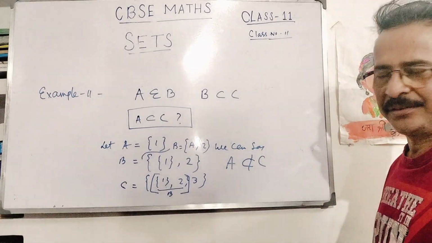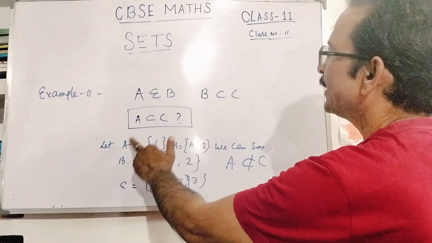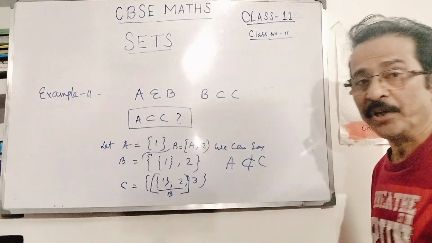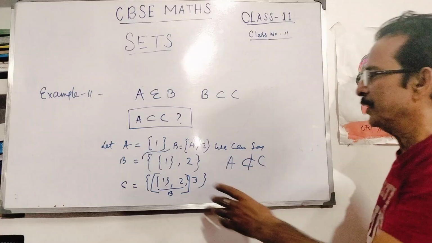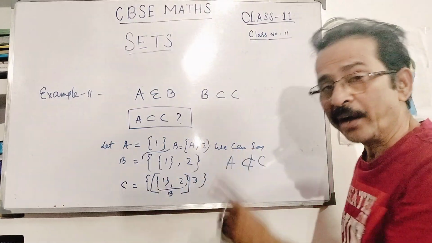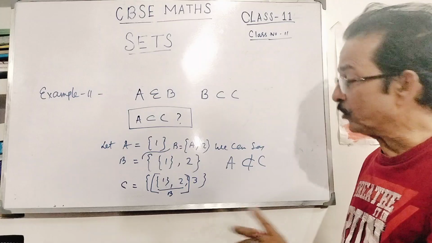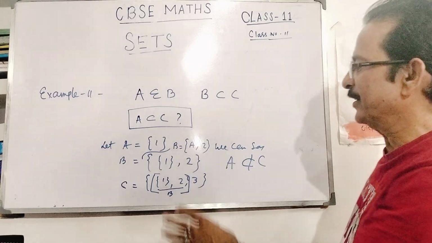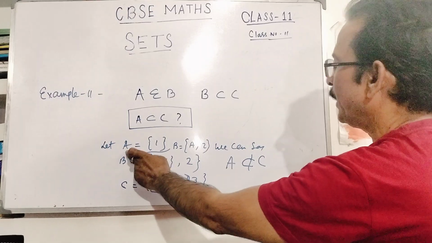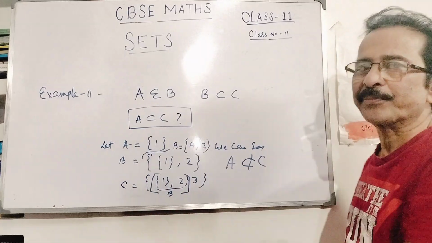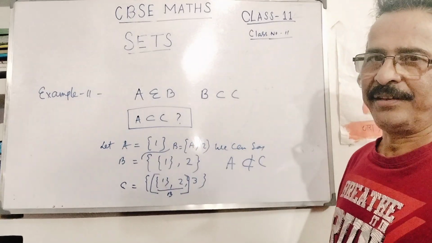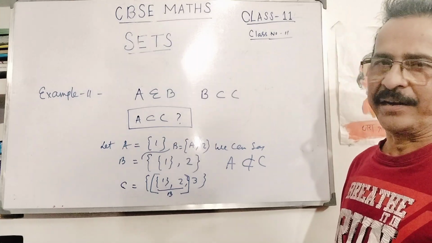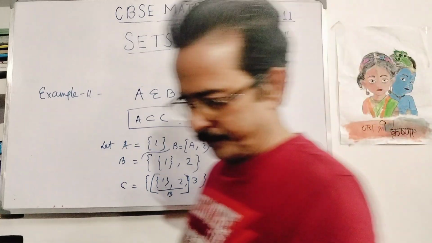But A is not a subset of C. Why? It is B, it is not only 1. You cannot distinguish it separately. Understand? That is why A is not a subset of C. I hope you understood.